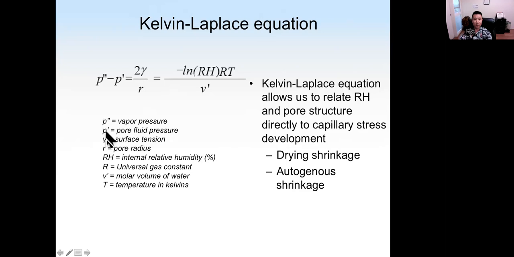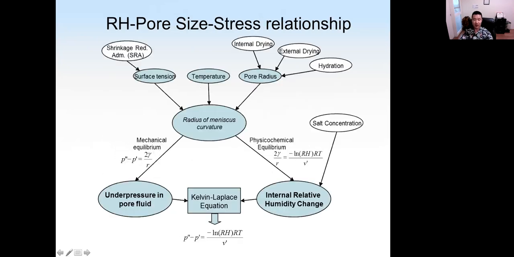The difference between these two is the shrinkage stress. They are affected by the surface tension of the pore fluid, the temperature, and the size of the pore, or the pore radius, because these three factors affect the radius of the menisci, the curvature. The higher the curvature, the stronger the shrinkage stress.